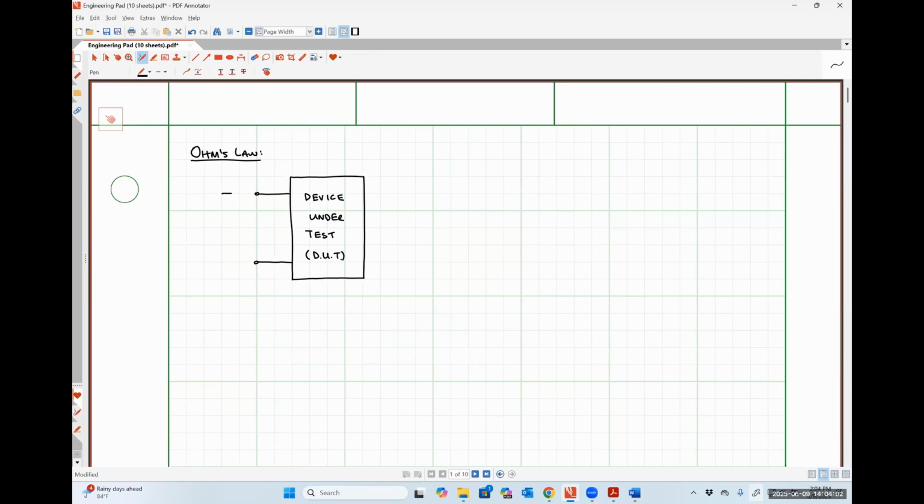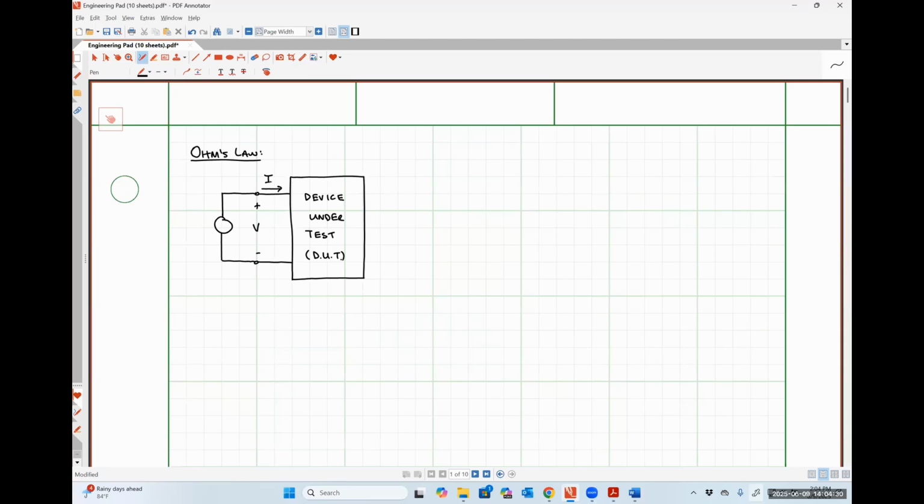So I'm intentionally going to leave things ambiguous here and just put a circle, not saying specifically whether it is a voltage source or a current source. And he measured the voltage drop across those terminals, and he measured the current flowing into the network's terminals.